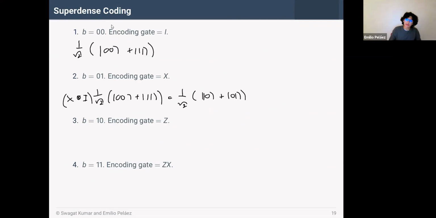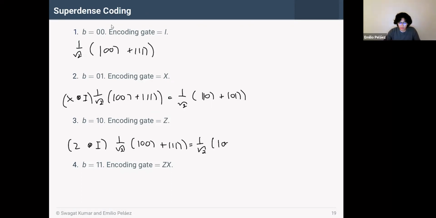Then for the bit string 10, we got CZ, again, tensor product identity, 00 plus 11. We just apply a negative phase when the qubit on the left is 1. So that will be in the second element of the superposition. And that's it.